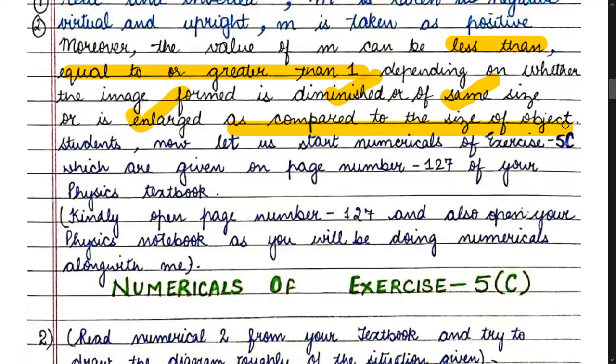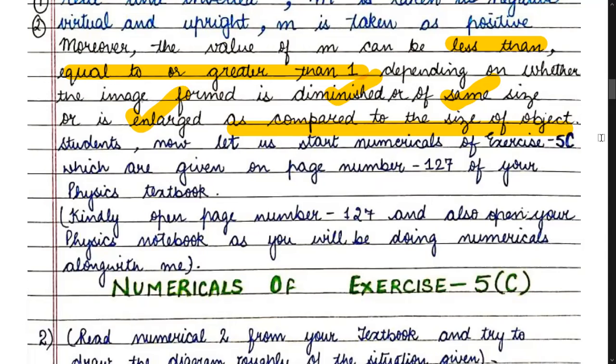So magnification can have any value that is less than 1, equal to 1, or greater than 1. It depends on whether the size of the image is smaller than, equal to, or greater than the size of the object. Students, now we are ready for the numericals.